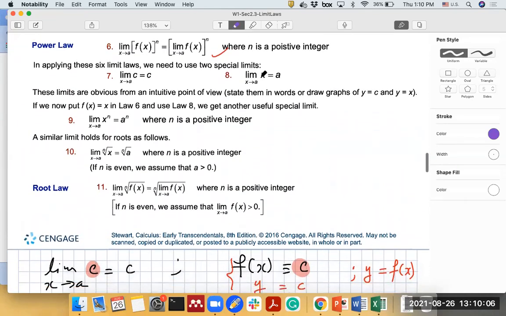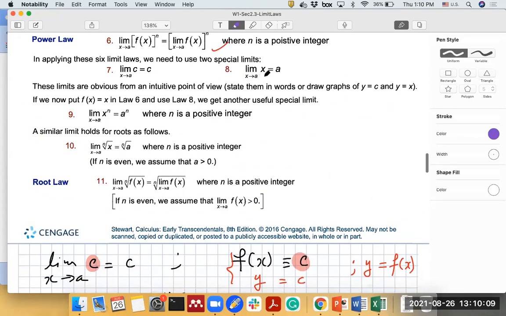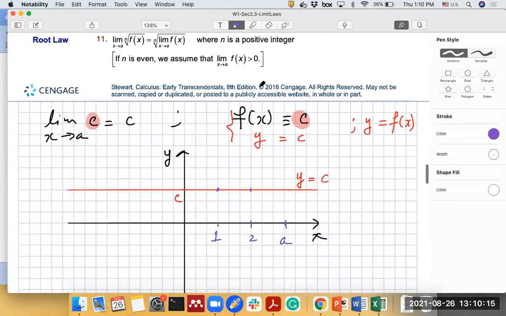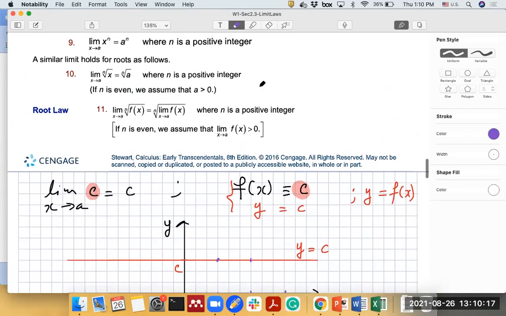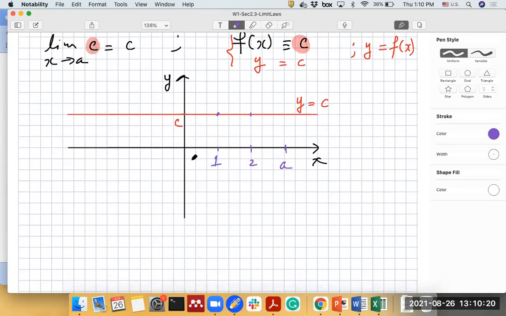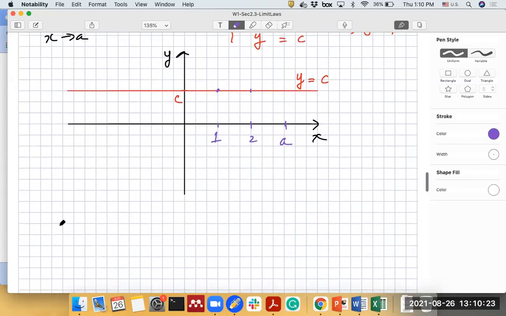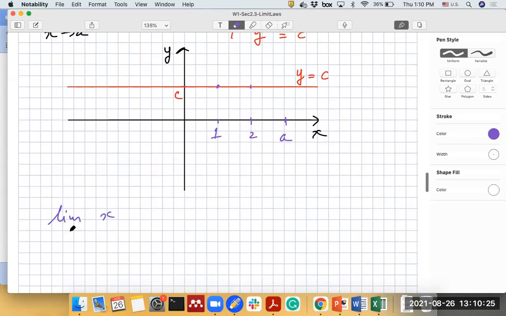And there are some more laws. Okay. The limit of x when x approaches a is a. So let us try to show it in the Cartesian coordinates. This indicates that the function we are considering here is f of x equal to x.